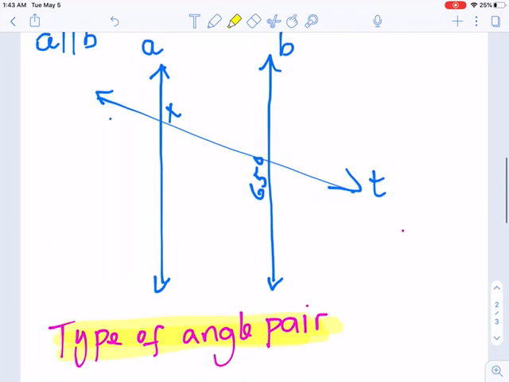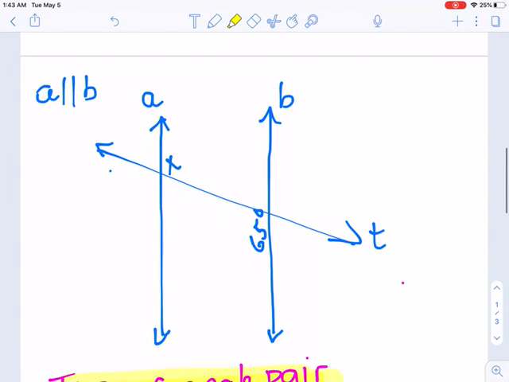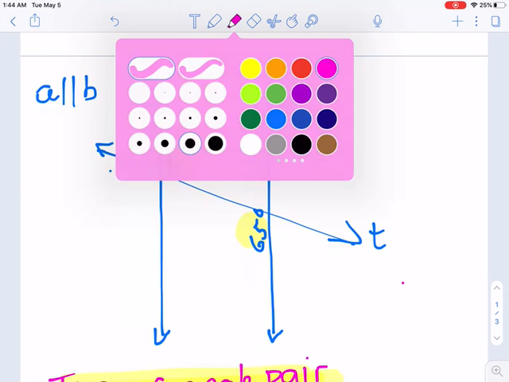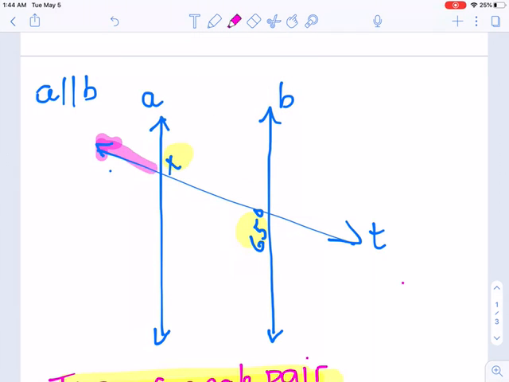So let's go ahead and do this example that we're seeing here. I need you to notice what's happening here. Look at where X is placed and look at where 65 degrees is placed. You can see that they are on opposite sides of the transversal.